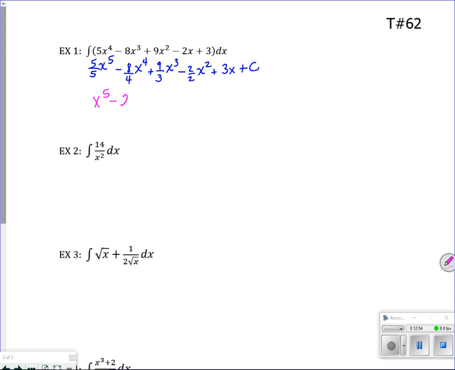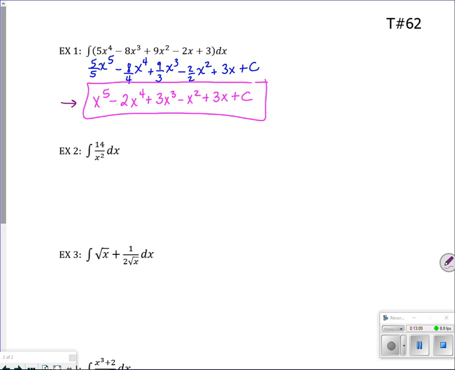And like I said, many of you probably went straight to this answer, and that's great. Now remember, what I can always do if I'm not confident in myself, notice if I took this and I said, guys, write me down what the derivative of that would be.